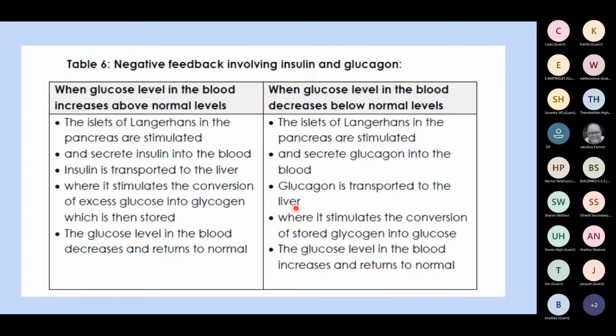And what does our target organ do? It stimulates the conversion of stored glycogen into glucose. Take note, grade 12, glucagon is released when glucose levels have decreased. Glucose levels will therefore increase and return back to normal.